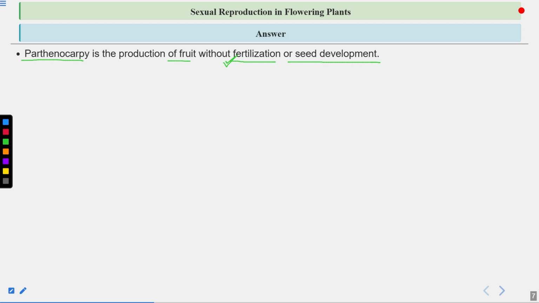The ovule forms the seeds. The ovary forms the fruit. Two different things, right? In the same way, apomixis and parthenocarpy are different phenomena. Again, I am repeating. What is apomixis? Formation of seeds without fertilization. What is parthenocarpy? Formation of fruit without fertilization.